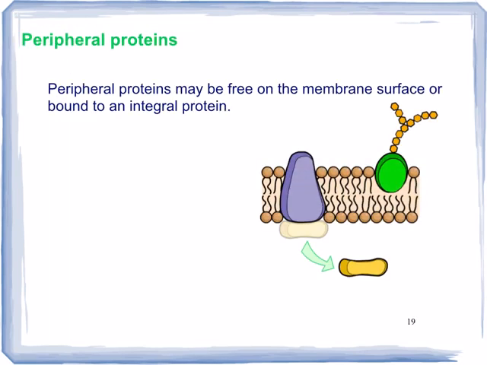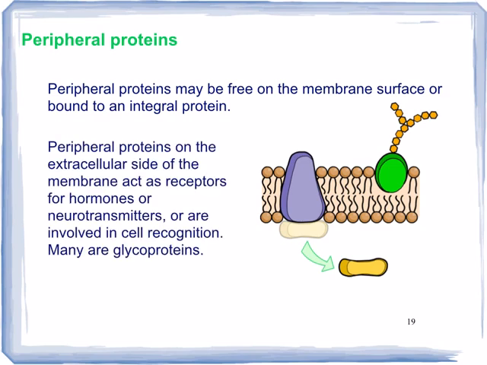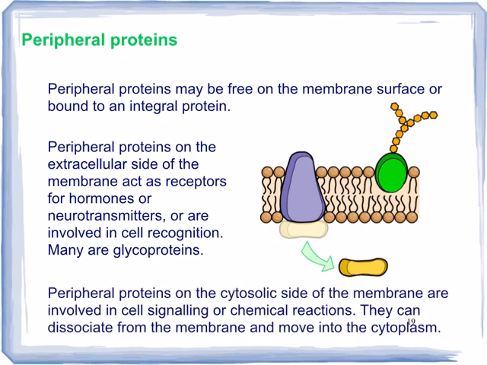Peripheral proteins, they sit on your outside. They may be free on the membrane surface or bound to an integral protein. Peripheral proteins on the extracellular side of the membrane act as receptors for hormones or neurotransmitters, or they're involved in cell recognition. So we say that many of them are glycoproteins with that carbohydrate group attached. Peripheral proteins on the cytosolic side of the membrane are involved in cell signaling and chemical reactions.